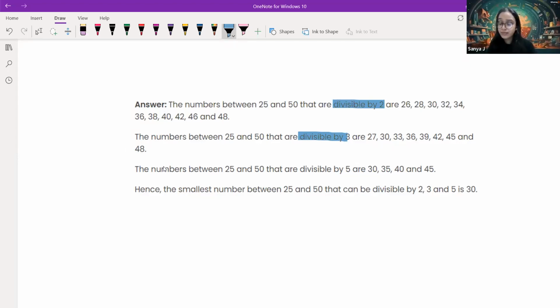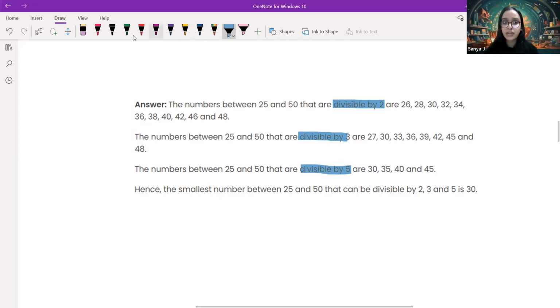Similarly, the numbers divisible by 5 are 30, 35, 40 and 45. Now we will find the common number amongst 2, 3 and 5.